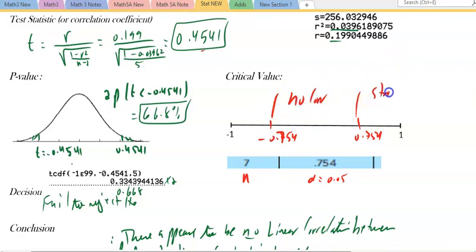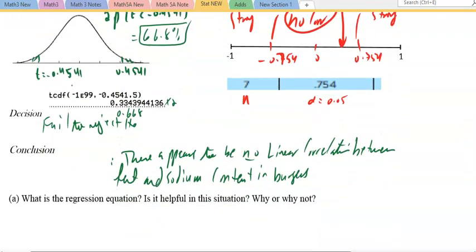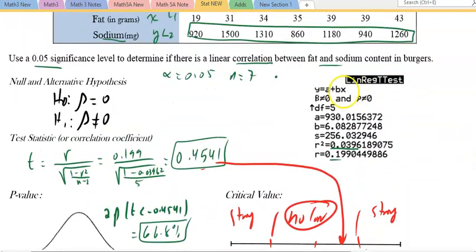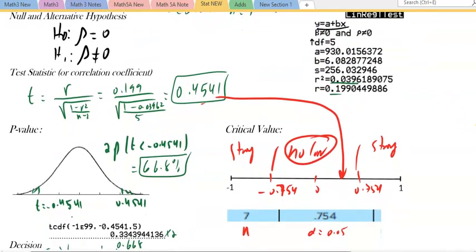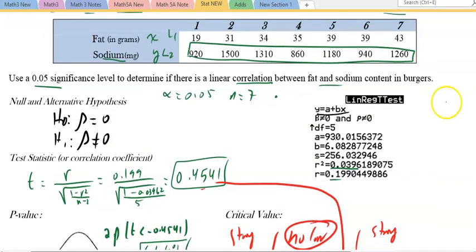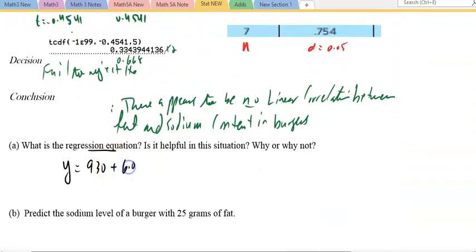There is a strong positive correlation, strong negative correlation, but 0.45 is in there, so there's no correlation. Now, what does that mean? Well, what is the regression equation? The regression equation is y equals 930 plus 6.08x.